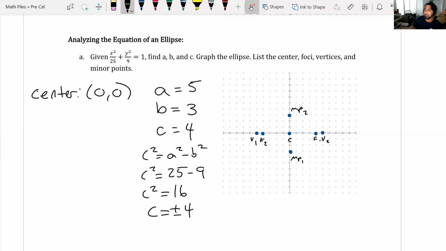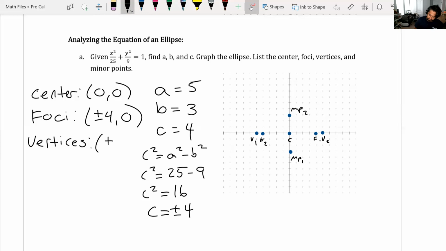Okay, and we probably should be writing these points down. So we'll say for foci, I get, what do we have? 4, 0, and negative 4, 0. So I'm just going to sum it up and say, and then for vertices, it's going to be at plus or minus 5, 0. And for minor points, it's going to be 0, plus or minus 3.